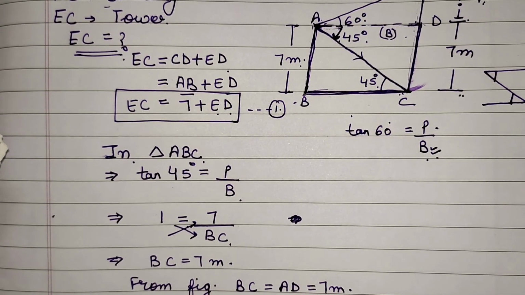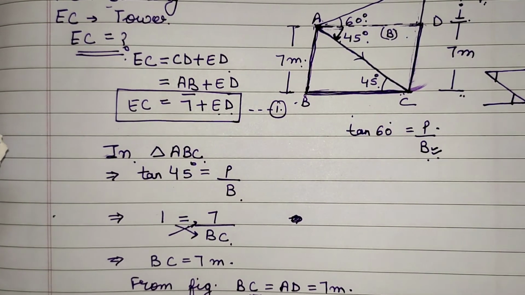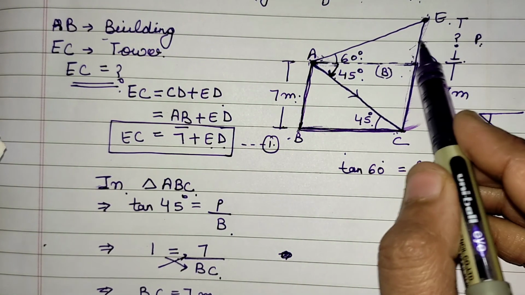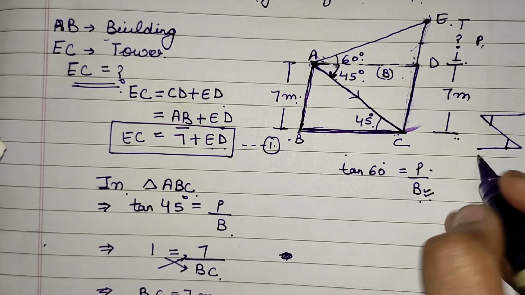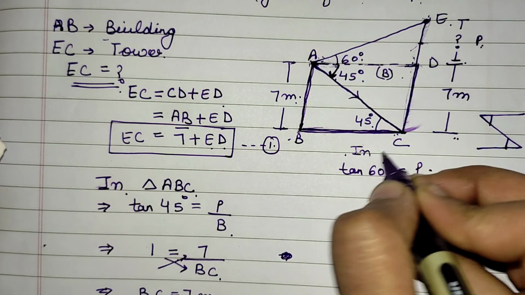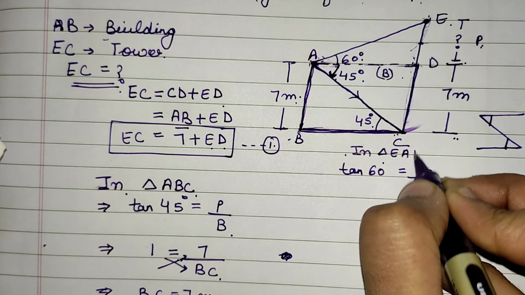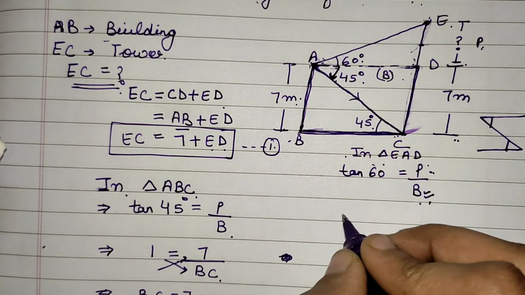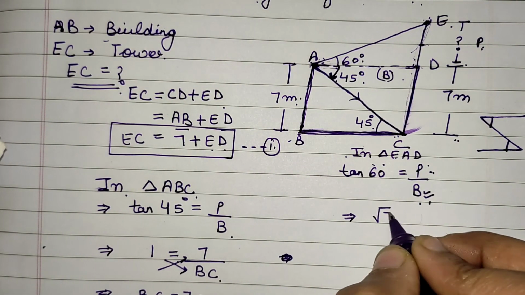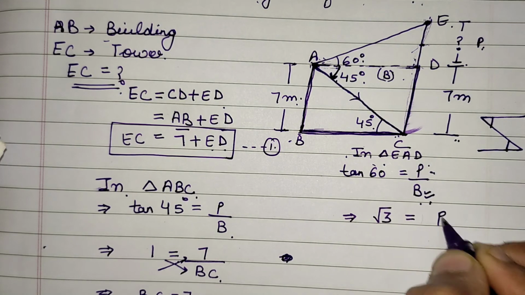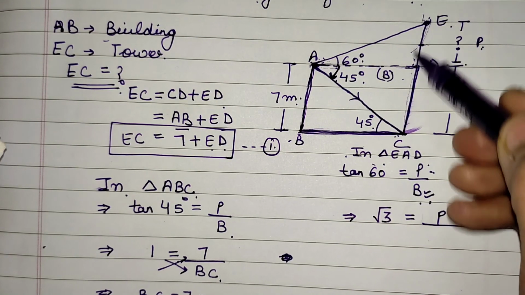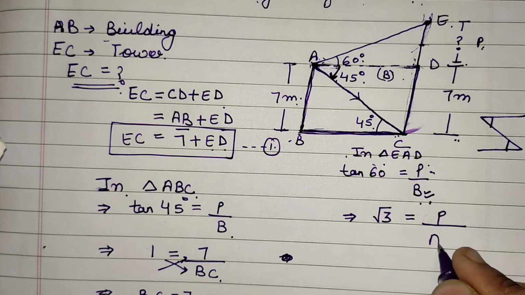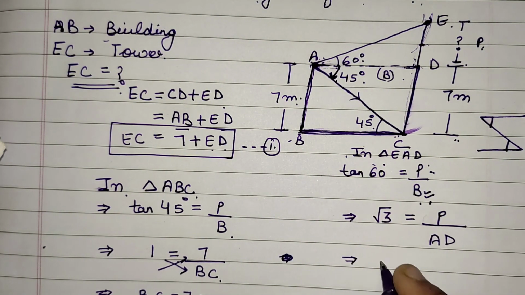So we will use this value BC in another triangle, in this triangle AED, to find out the value of ED. So in triangle EAD, tangent 60 is equal to perpendicular by base. So tan 60 is what? Tan 60 is my root 3. Perpendicular is I have to find out the value of ED and base is what? Base is my AD.